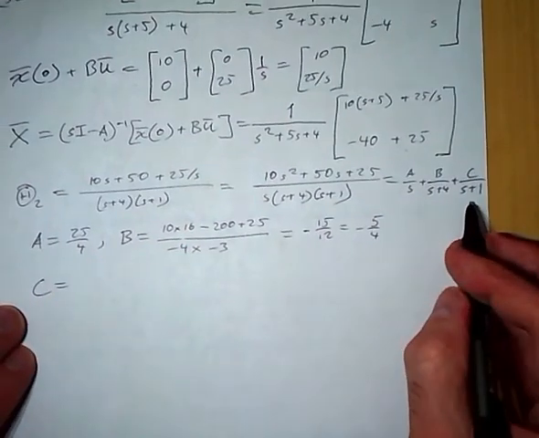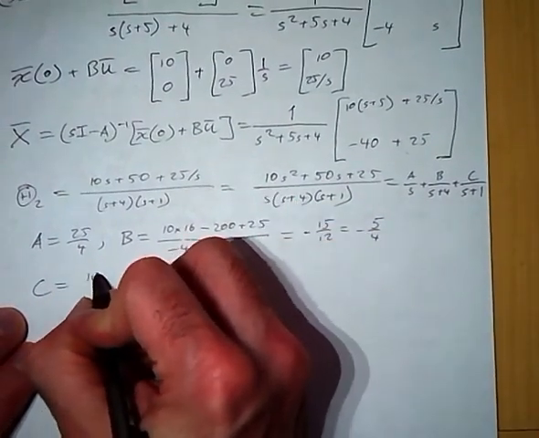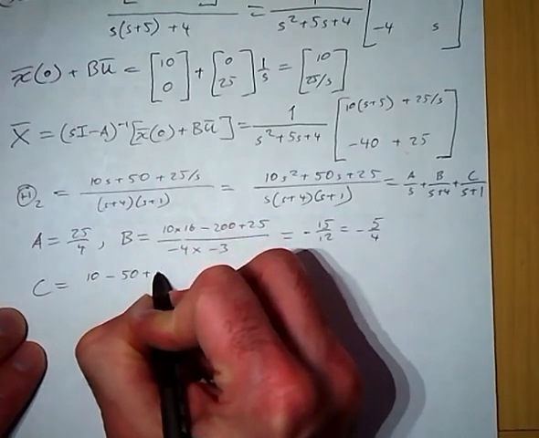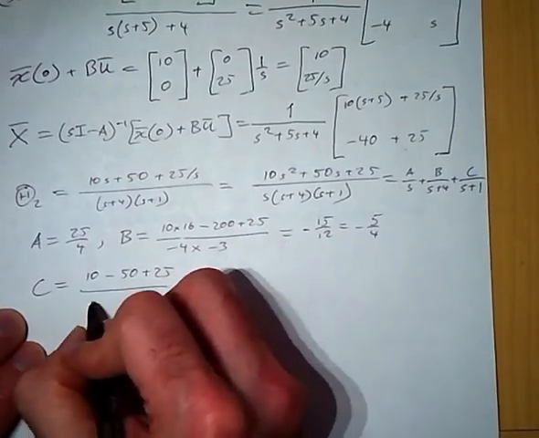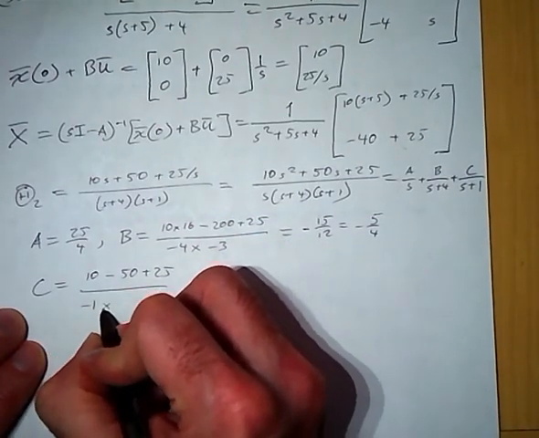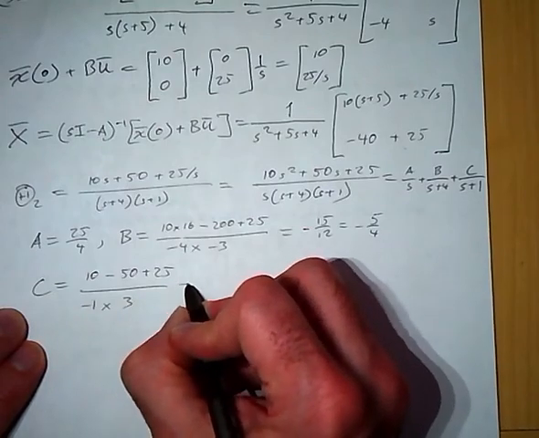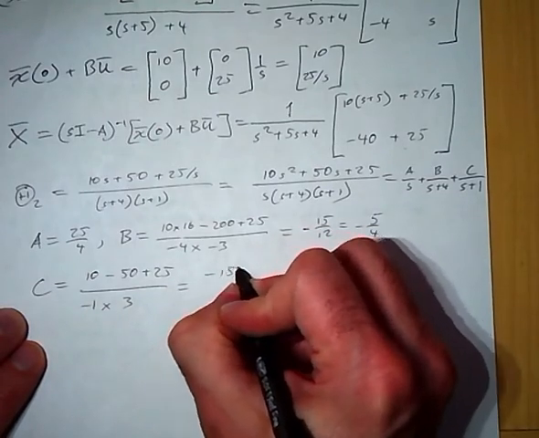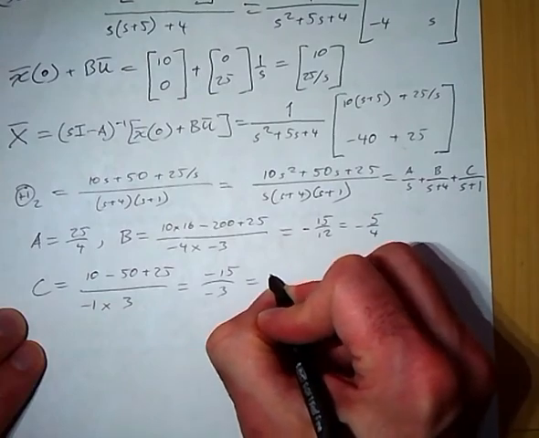C, we'll plug in negative 1, so we have 10 minus 50 plus 25 divided by negative 1 times 3, and that's negative 15 over negative 3, which is 5.